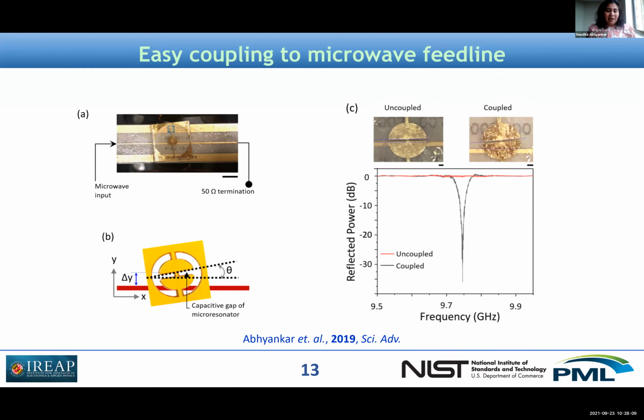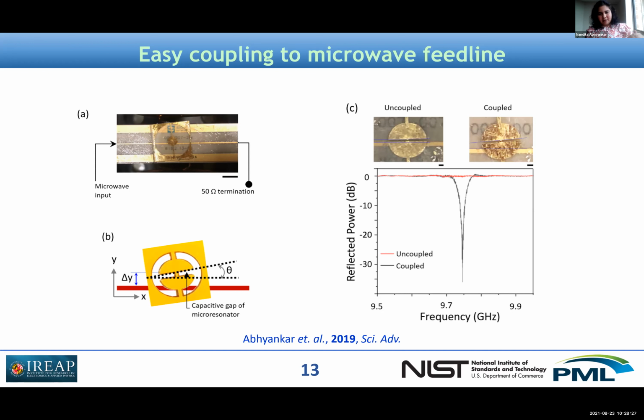So you can see the difference between the uncoupled and coupled positions, and it shows you the critically coupled position over here in figure C. The delta Y is the vertical offset from the central conductor of the microstrip.